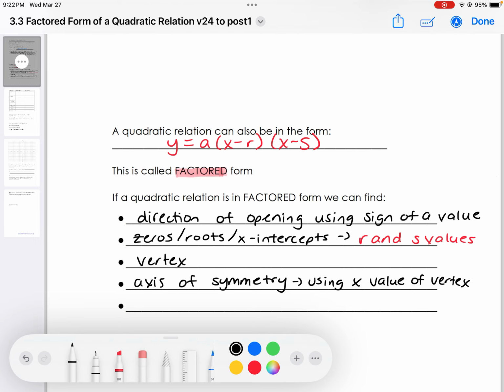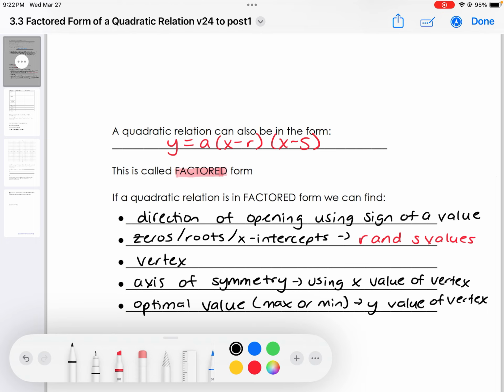And once you have the vertex, that will give you what we've called the optimal value, the max or min, which is the y value of the vertex. So much more information can be found. And we'll revisit the useful step pattern, the 1, 3, 5, and how the factored form can be related to that as well.